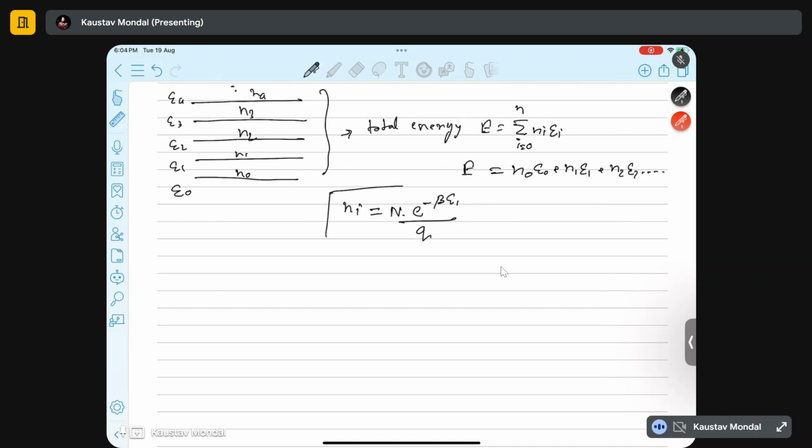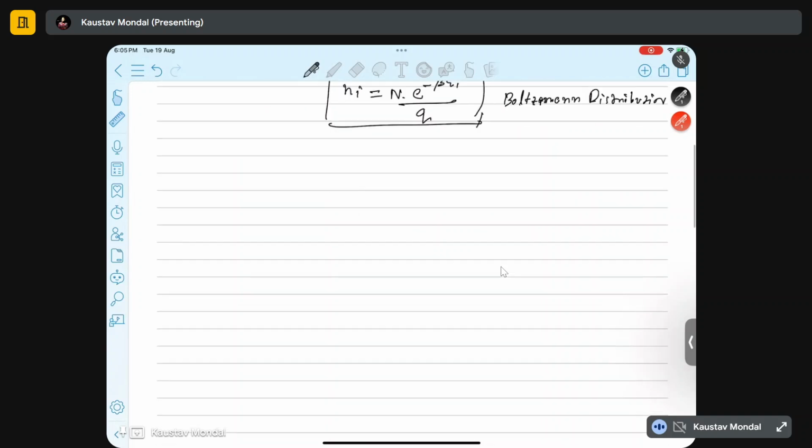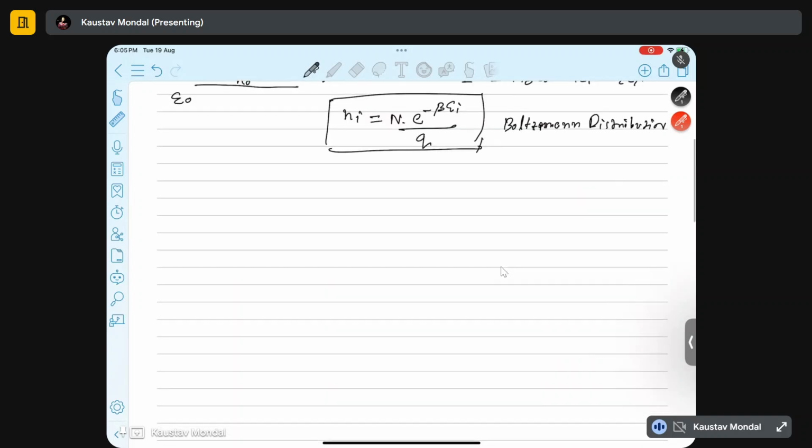This is called the Boltzmann distribution. We learned it in our previous discussions, and from there itself we derived the expression of the total energy.